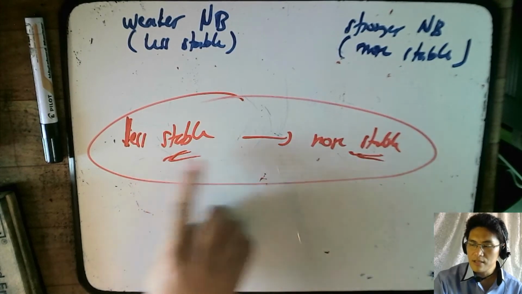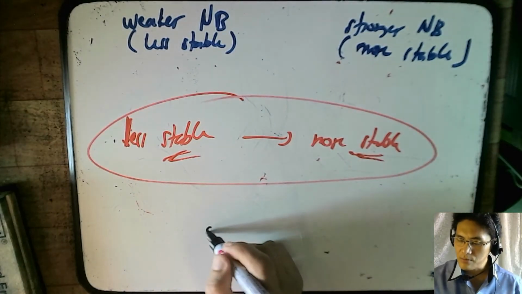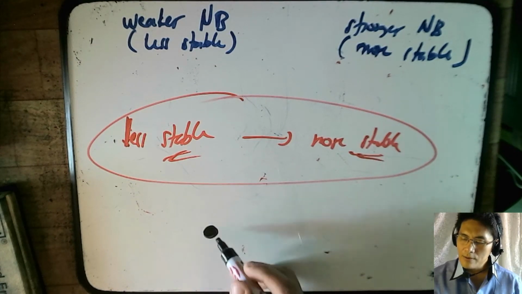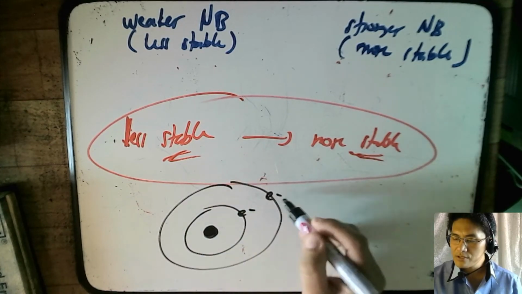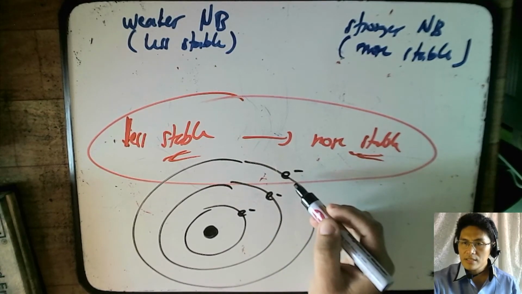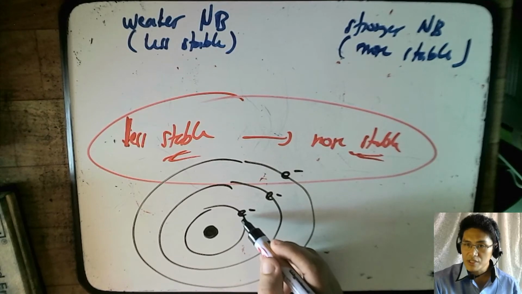They will always go from less stable to more stable. So if you remember, let me just remind you some of the concepts that you've learned in chemistry in grade 9. For example, you have the nucleus here, and then you have the first energy level of electrons, the second energy level of electrons, the third energy level of electrons. You see, the third energy level is less stable. The most stable is the ground state, which is this one.